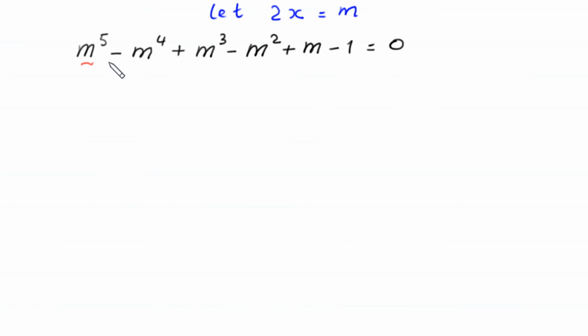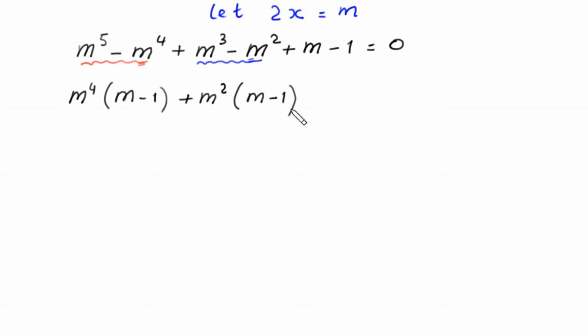Now from these two terms we can factor out m to the power 4. So m to the power 4 as common factor, in bracket m minus 1. And from these two terms, m cubed minus m squared, we can factor out m squared as common factor, and in bracket m minus 1.